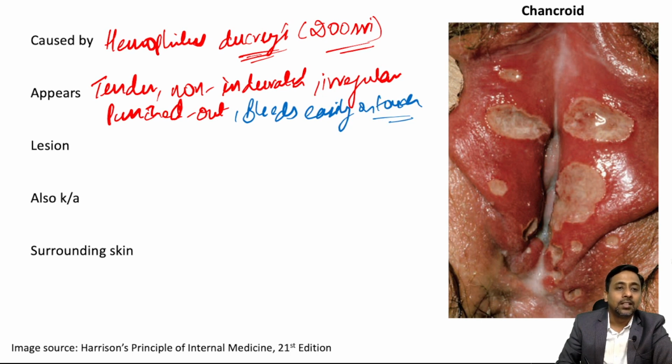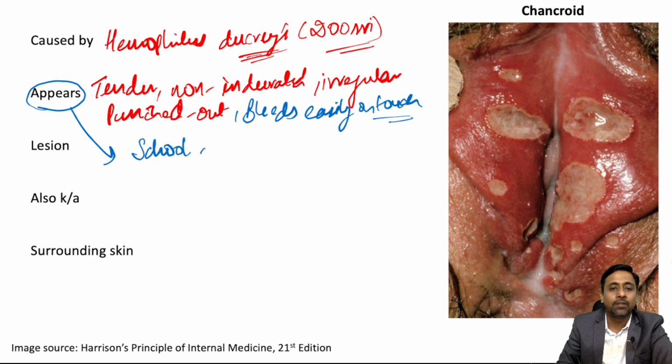Okay, and this bacteria appears in groups, and this group looks like school of fish or railroad track appearance.